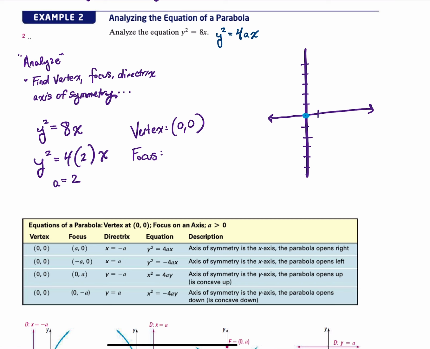So this one will open to the right, and our focus should be over here at 2, 0. That means our directrix should be over there at -2. This will be the equation x equals -2. So I'll write that here. Our directrix, x will equal -2.